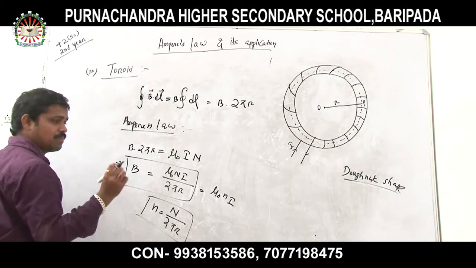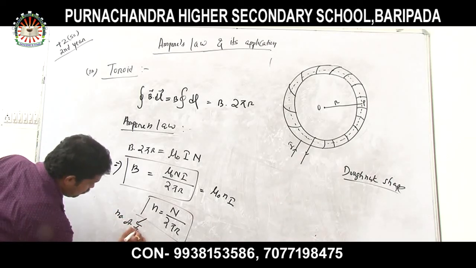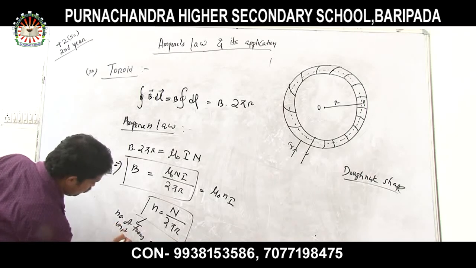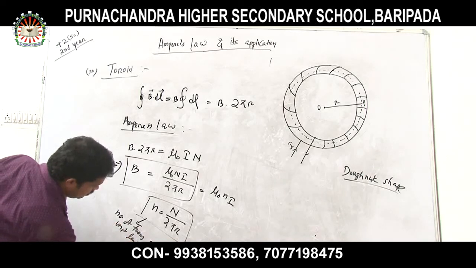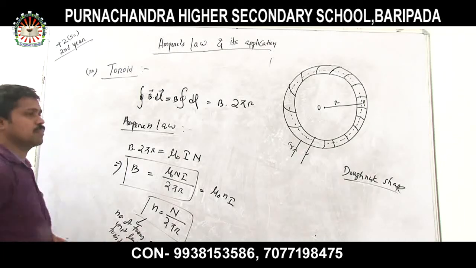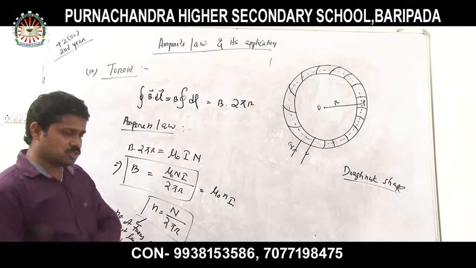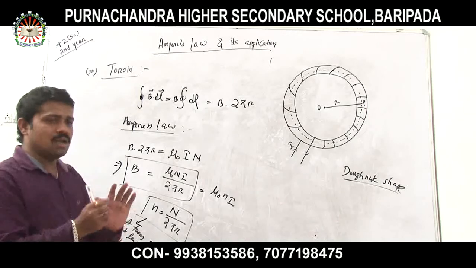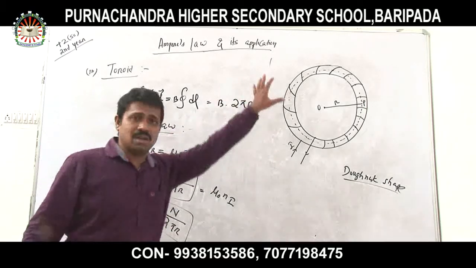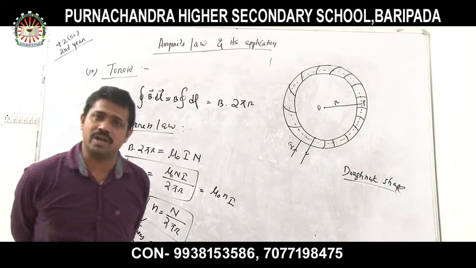So small n is the number of turns per unit length of the toroid. Clear? So there also mu 0 n I, here also mu 0 n I. But the difference is that this is in a circular manner, whereas the solenoid has a straight cylindrical structure.